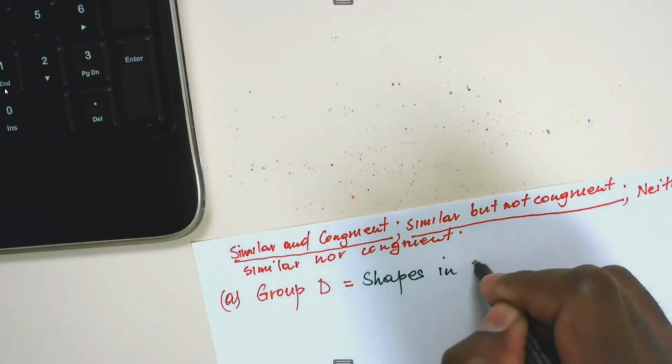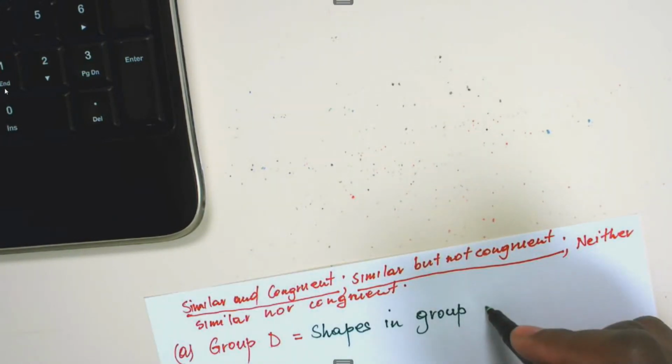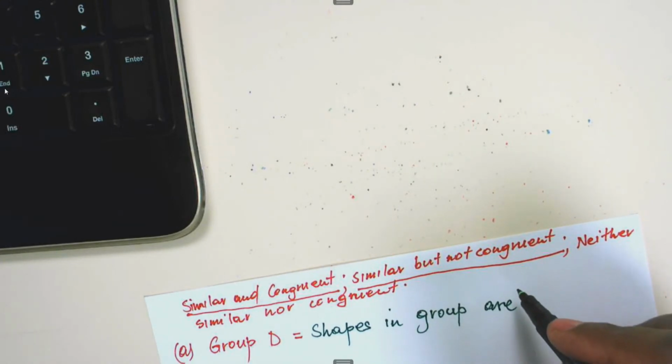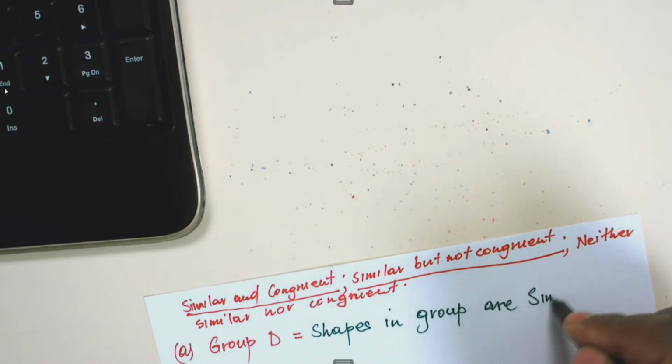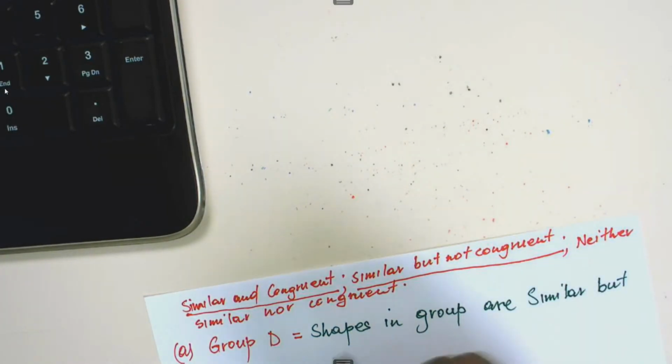Shapes in group D are similar, yes, but not congruent.